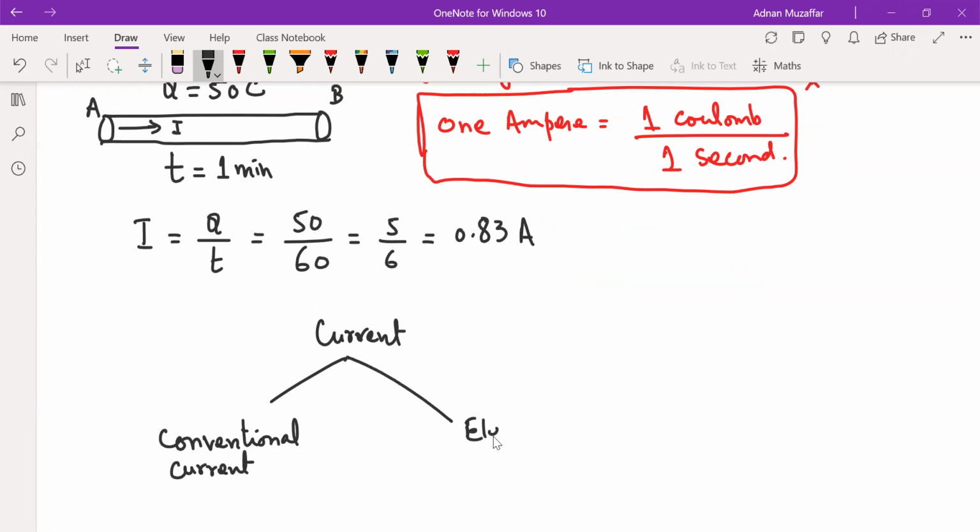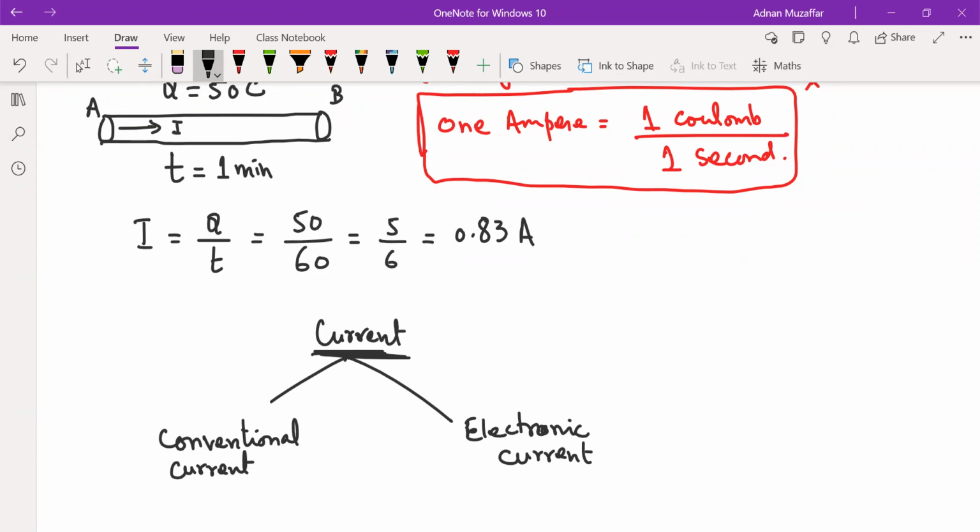And I must say that these two are two names of same thing. Meaning there is one thing which is current. So these are not two different currents. We can say these can be two names of one thing.